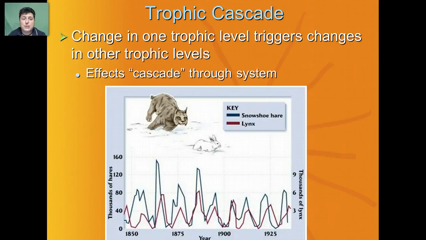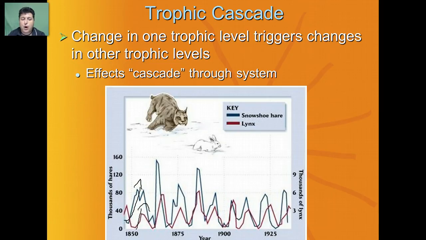Now, if we change one piece of that food chain or food web, it's going to trigger changes in other trophic levels. This is called a trophic cascade. For example, if we take a look at the relationship between a predator and a prey, like a snowshoe hare and the lynx, as the hare population increases, so does the lynx population.